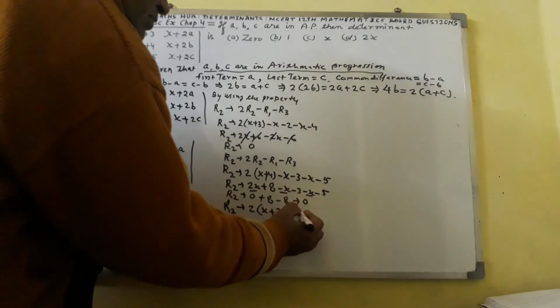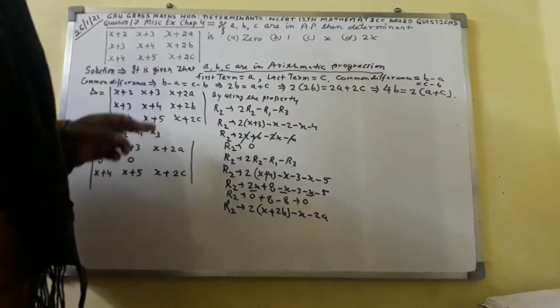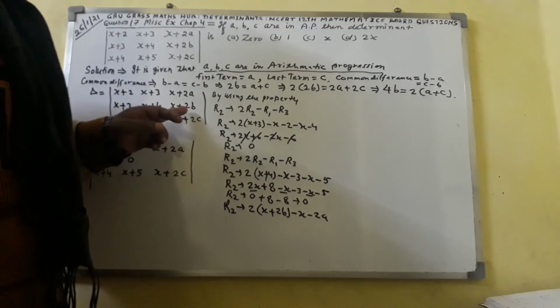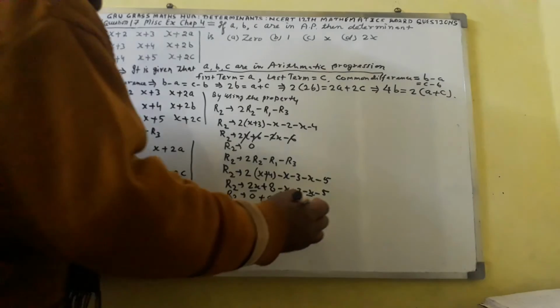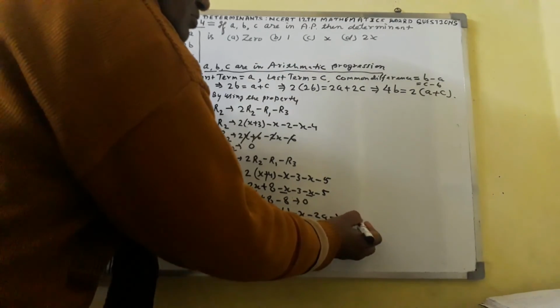So here minus x minus 2a will be written, and the corresponding element of x plus 2b in the third row is x plus 2c. So here write minus x minus 2c.